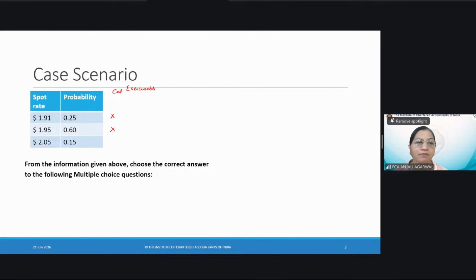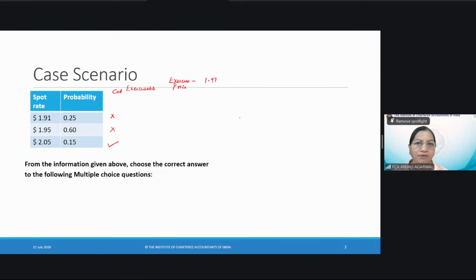But if the pound moves to $2.05, 1 pound is $2.05, which is more than the exercise price of 1.97, then I'll exercise the call option. And instead of buying from the market at 2.05, I will buy from the option seller at 1.97.